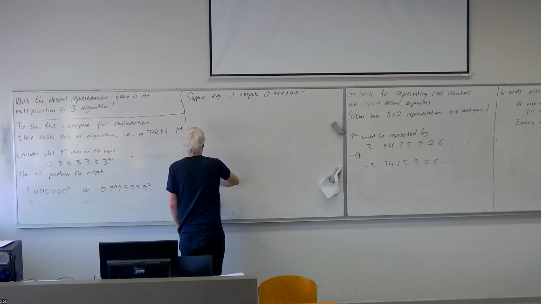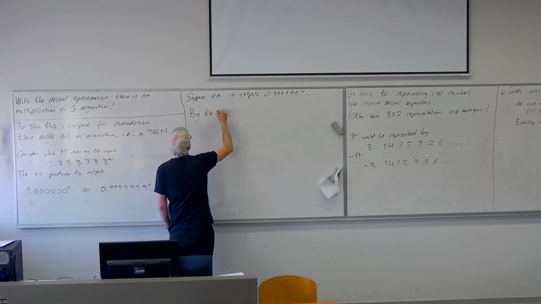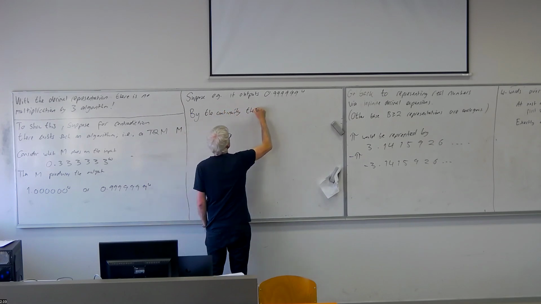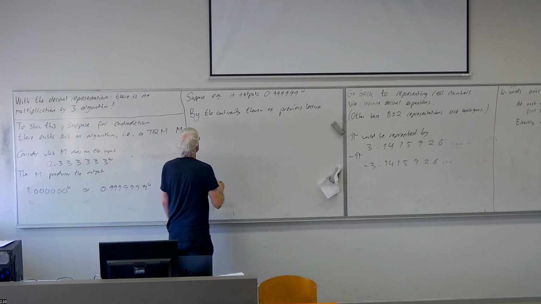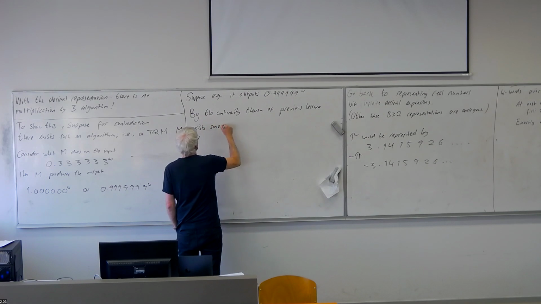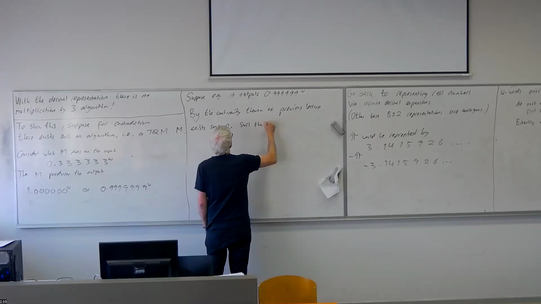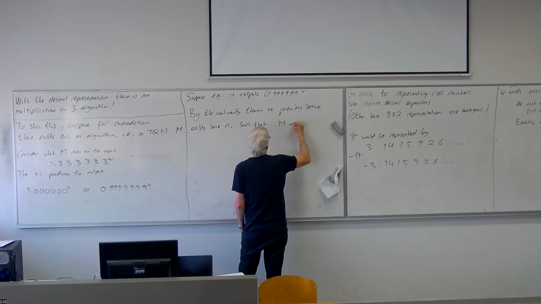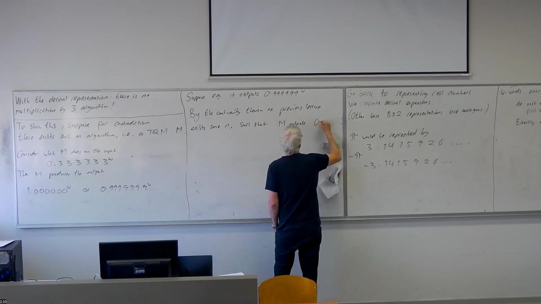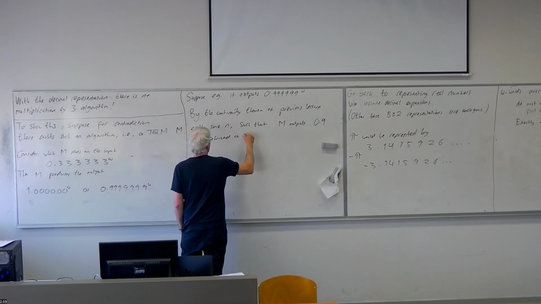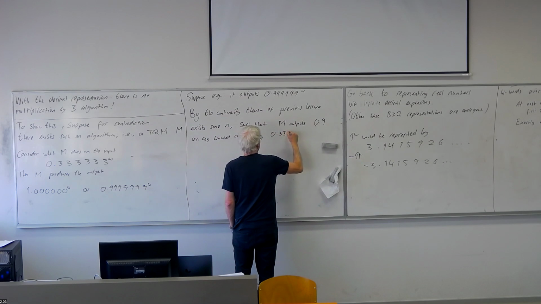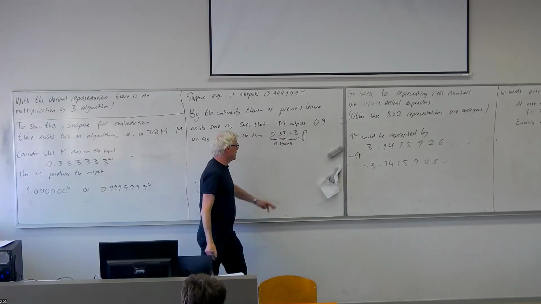By the continuity theorem of the previous lecture, there exists some n such that the machine outputs 0.9 on any omega word of the form 0.333, with n symbols, and this can continue just as any other omega word.